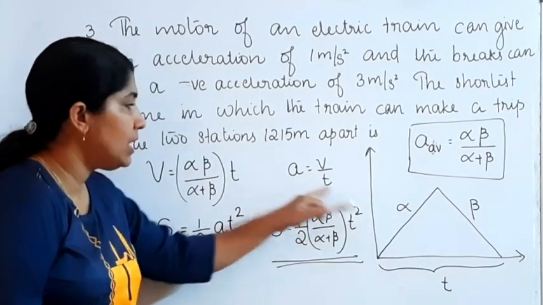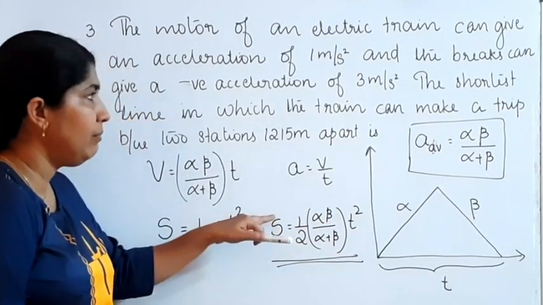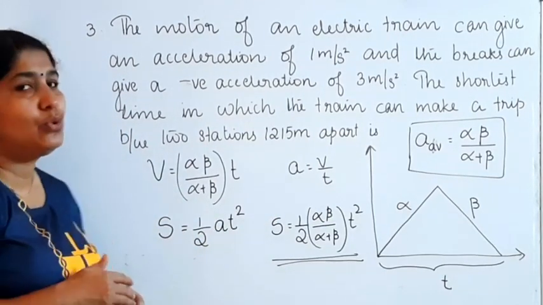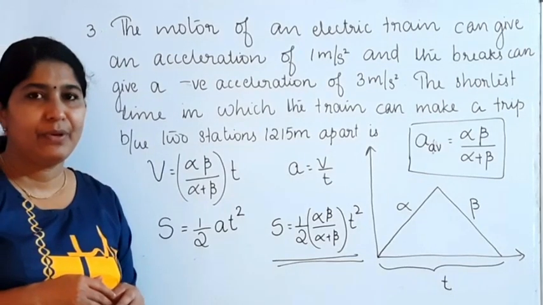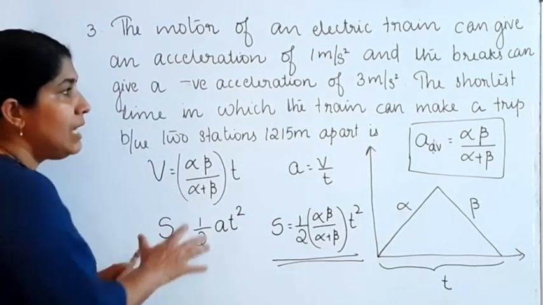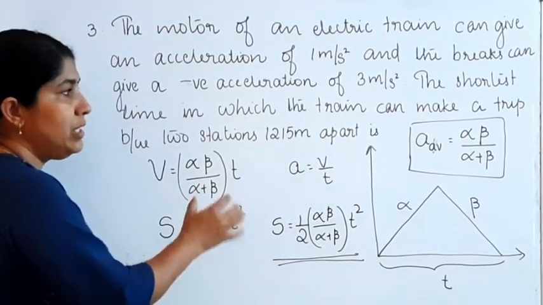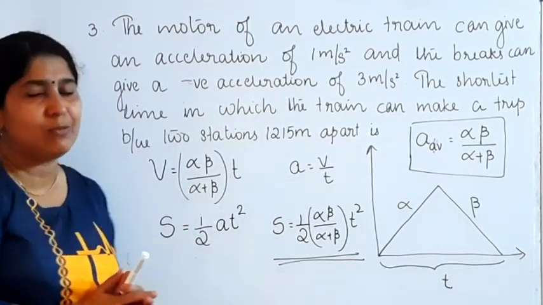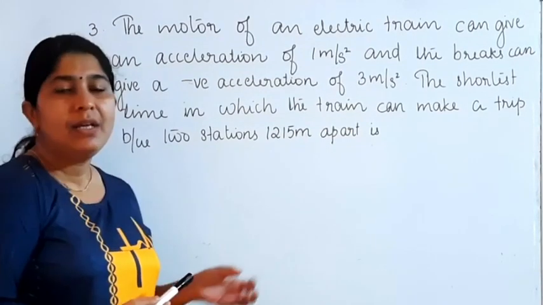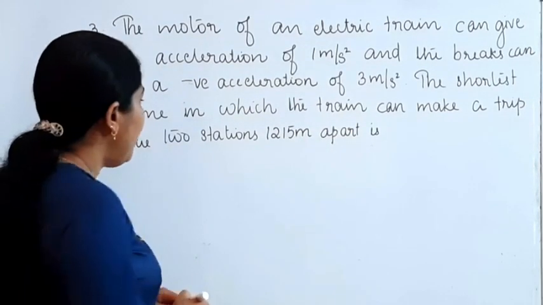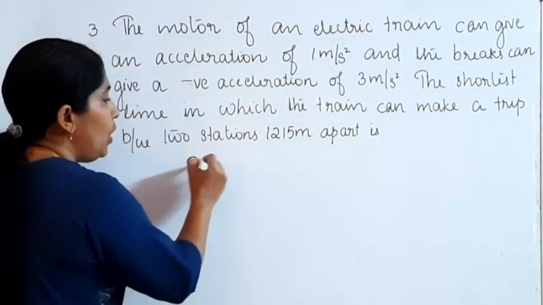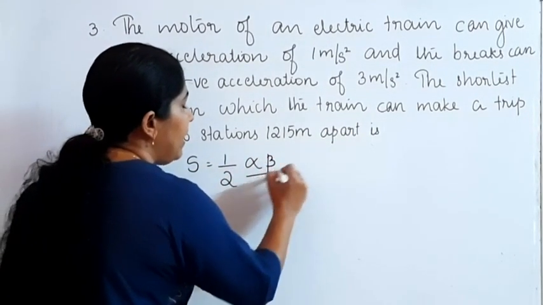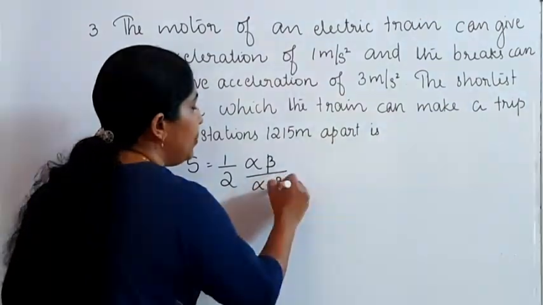Okay, by using this equation, we can find out the time taken by the train to make the trip between two stations. Okay, these are the formulas related to this particular portion. What about the average acceleration? What about the velocity? And what about the displacement? Okay, so we can use the equation S is equal to half into alpha beta divided by alpha plus beta into T square.